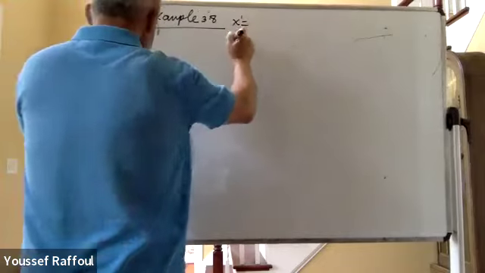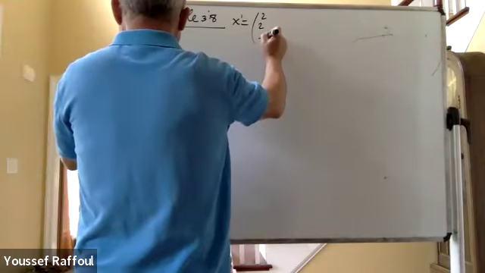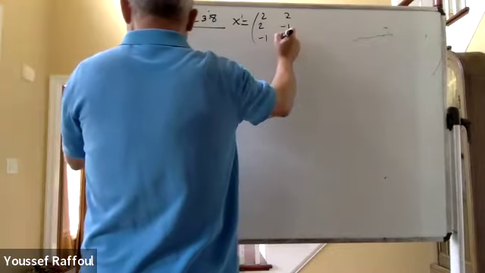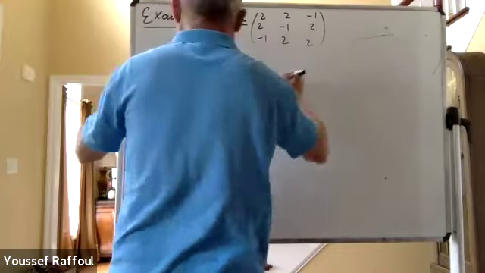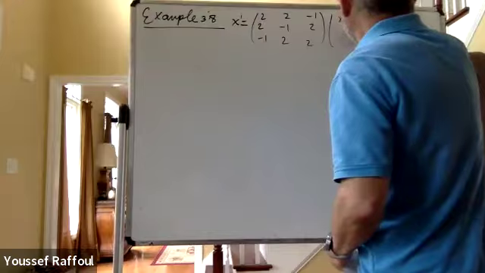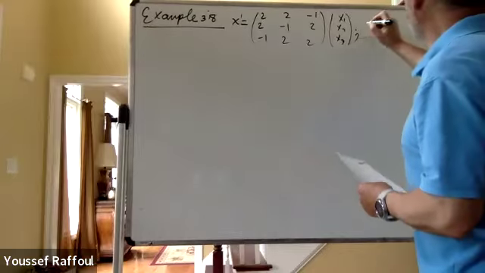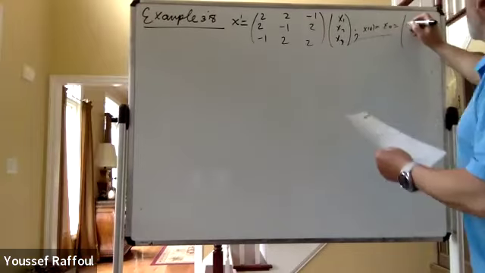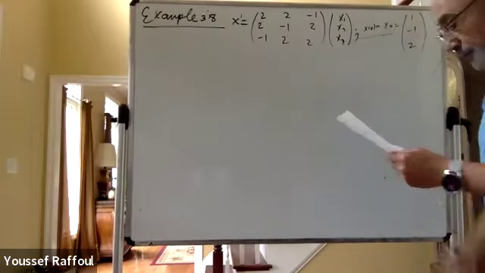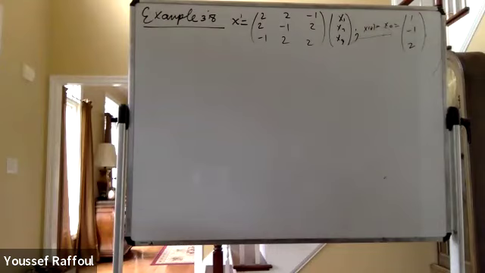We have x prime equal to the matrix with rows 2, 2 minus 1, 2 minus 1, 2 minus 1, 2, 2, times x1, x2, x3, and x of 0 equals x0, which is 1, minus 1, 2. Why don't you go ahead and compute the eigenvalues for a second. Take a few minutes and do it.